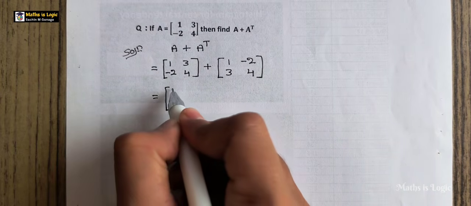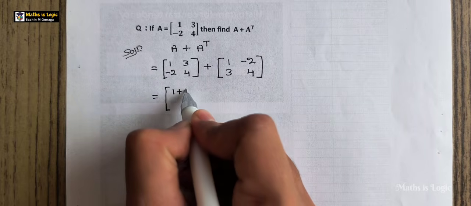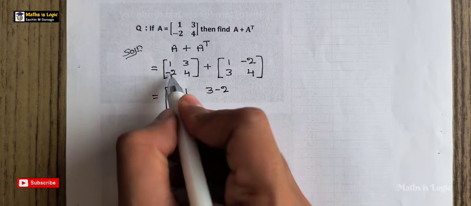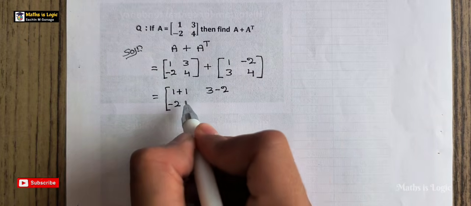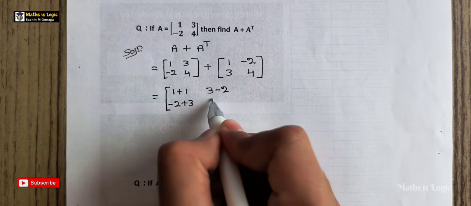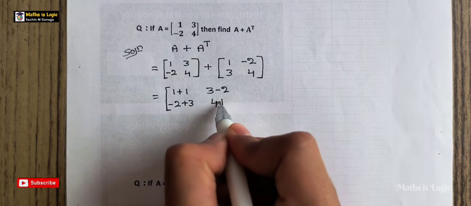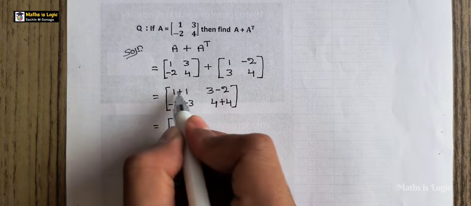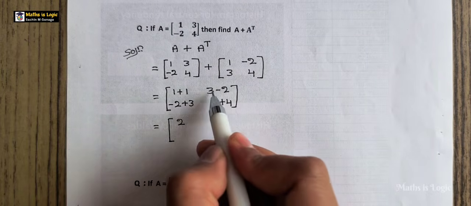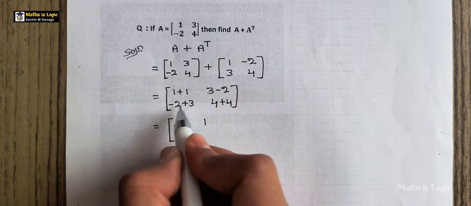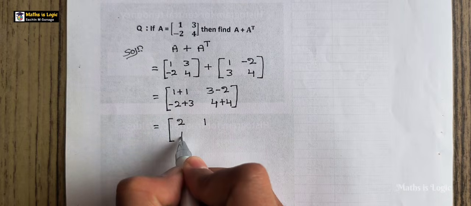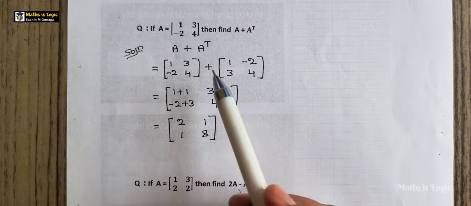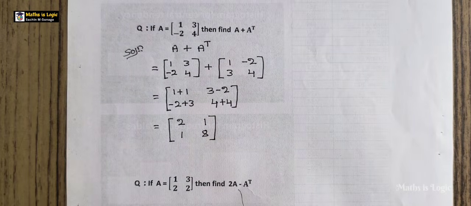Therefore 1 plus into plus is plus 1, next 3 plus into minus is minus 2, next minus 2 plus into plus 3, and last 4 plus into plus is plus 4. Therefore the final answer is 1 plus 1 is 2, 3 minus 2 is 1, minus 2 plus 3 is 1, 4 plus 4 is 8. So this is the value of A plus A transpose.